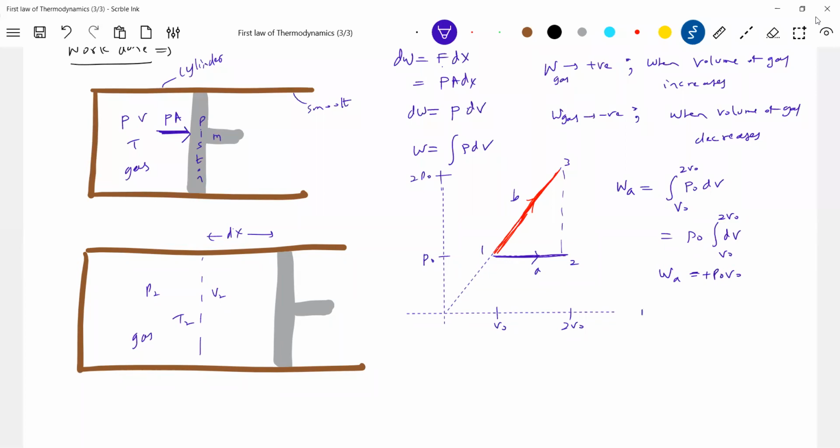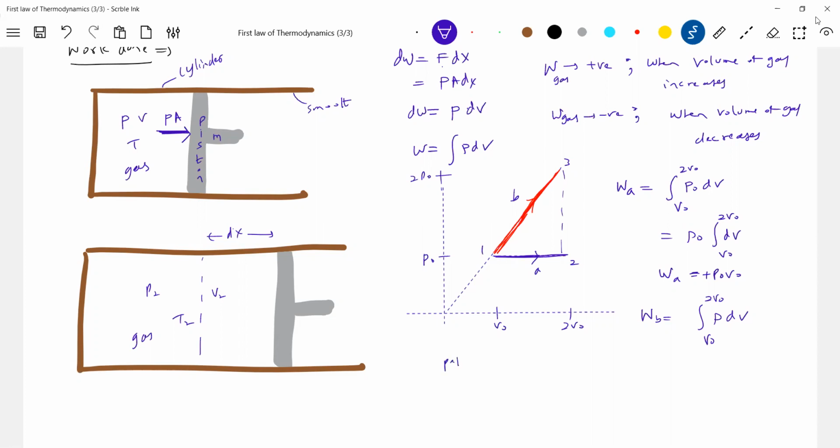Work done along path B we will calculate. First we'll do it mathematically, then see what theoretical ideas we can bring. It is the integral of P dV, where the volume changes from V naught to 2 V naught. Here pressure and volume are related, so can we bring an equation?